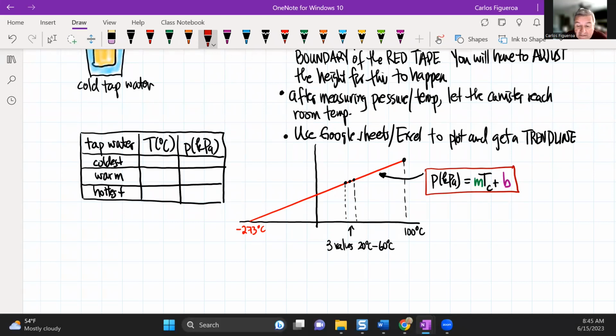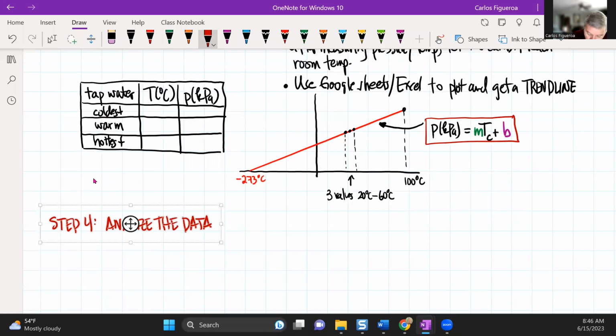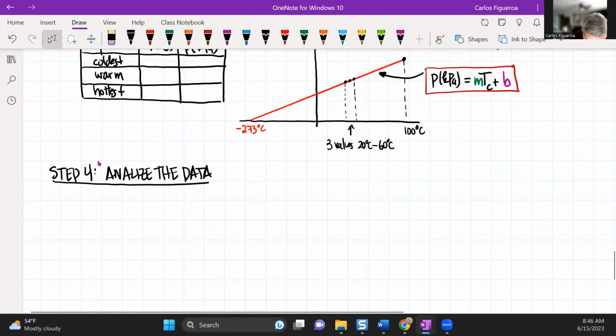So now we want to analyze the data. Here we go. This is step 4, and I'm going to analyze the data. What does the ideal gas law say?